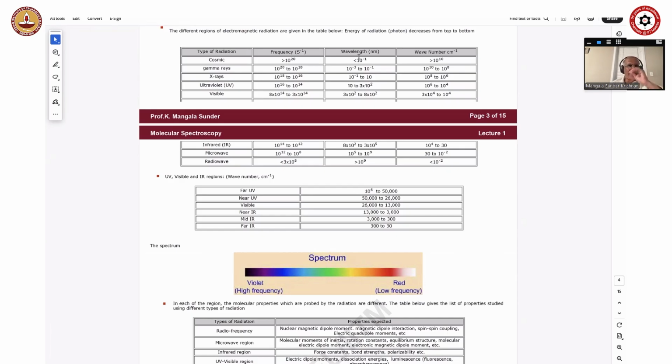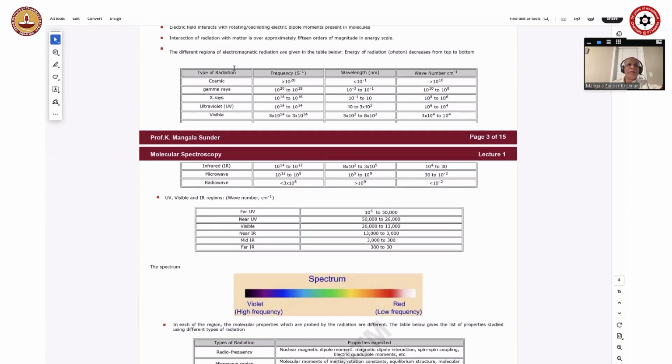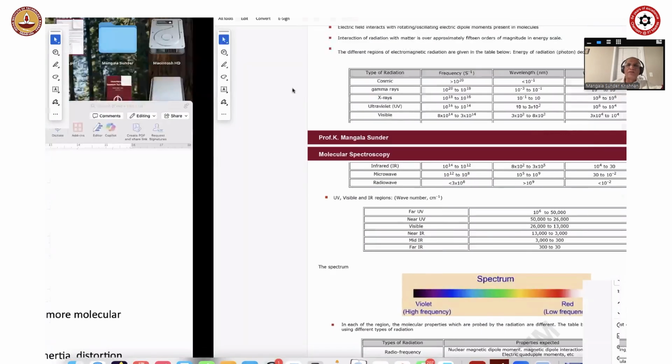Okay, fine. You can see that spectroscopy is determined by the spectroscopic properties studied under various energies. You see, cosmic radiation has a very, very high frequency. Increase the size.